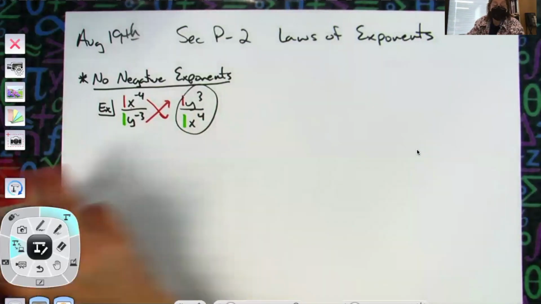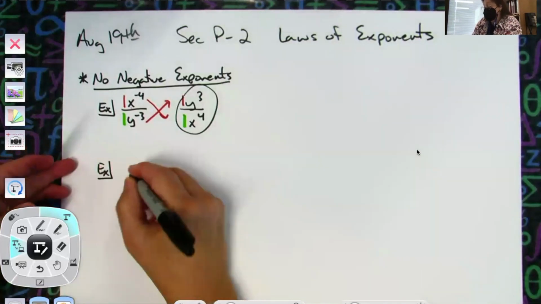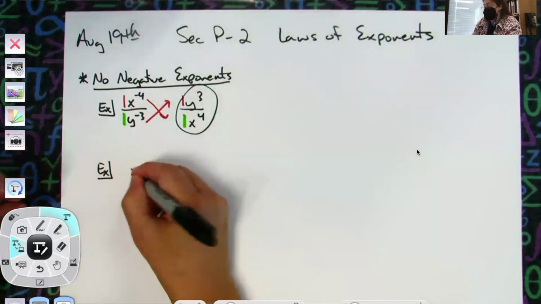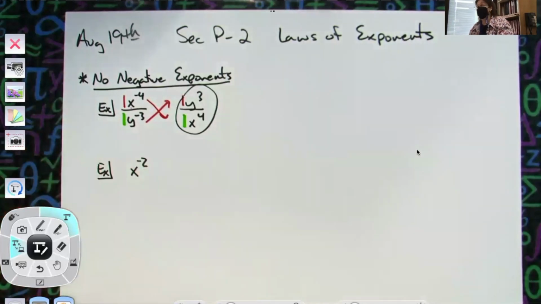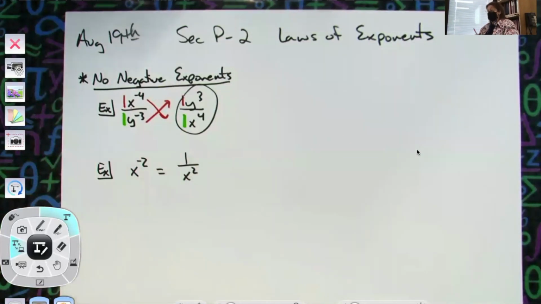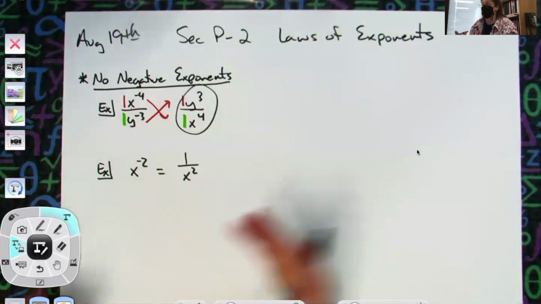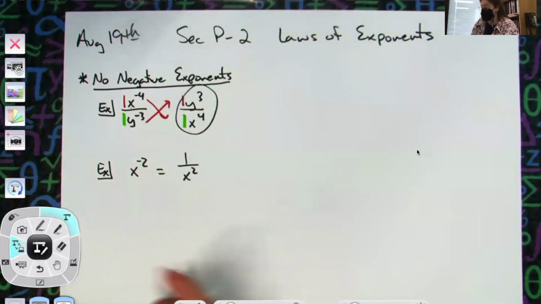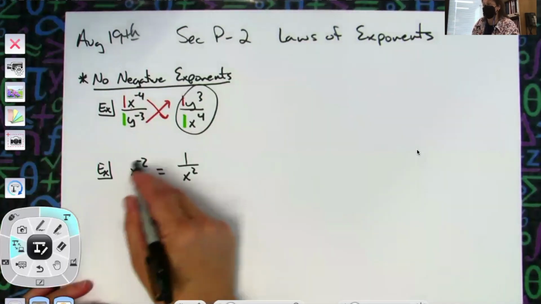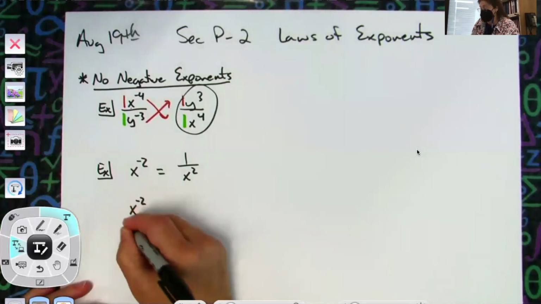And then more along the lines of the way you were taught, the rule per se is like x to the negative 2. You were taught that is equal to, just by a basic rule, 1 over x squared. That was the rule in laws of exponents in Algebra 2. But taking my rule of, I just want to switch locations and make it positive: x to the negative 2 is not a fraction, but I can turn it into a fraction.